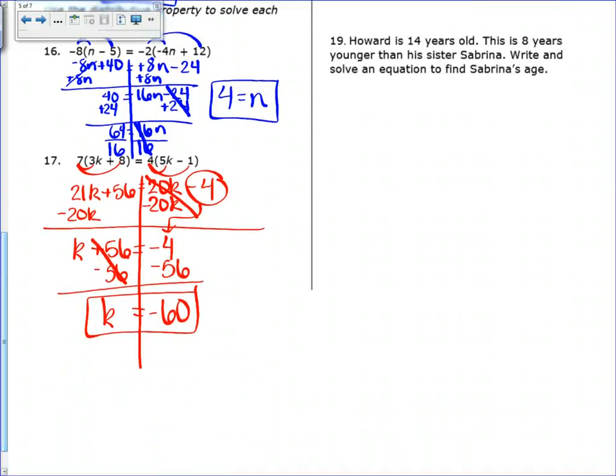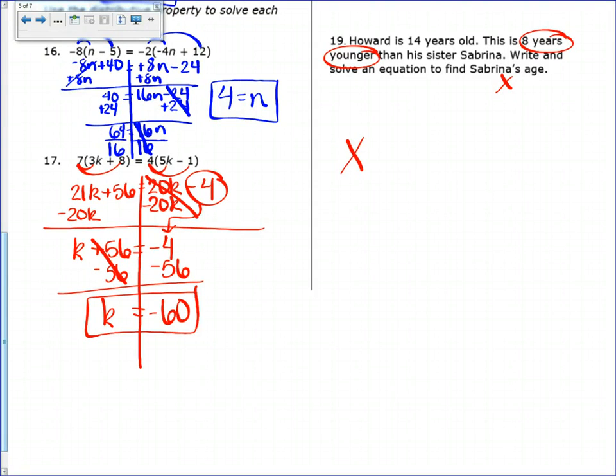Okay, number 19. Howard is 14 years old. This is 8 years younger than his sister Sabrina. Write and solve an equation to find Sabrina's age. So we're looking for Sabrina's age, so that's going to be our x. We know he is 8 years younger than his sister Sabrina.